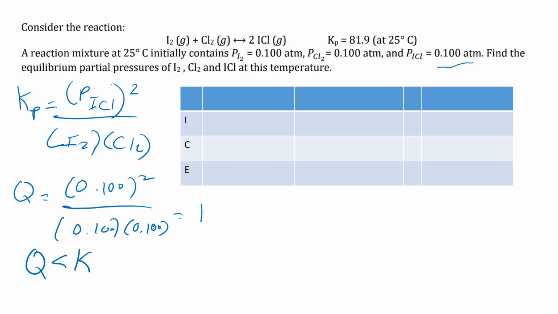So I'm going to fill in my ICE table: P of I2, P of Cl2, P of ICl. My initials are all 0.100 atmospheres.